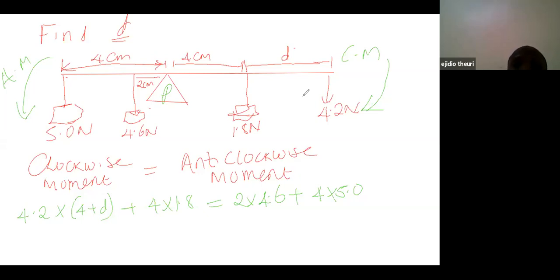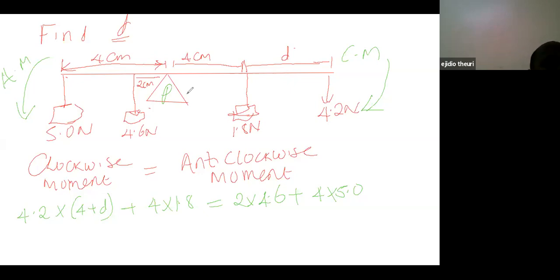The pivot is here at P. That's why I've written the distance 4 plus D times the force. Plus the other moment, the other force is 1.8 times 4 again, is equal to the anti-clockwise moment, 2 times 4.6 plus 4. I've written 4 because it is very clear from our diagram that 4 starts from the pivot.